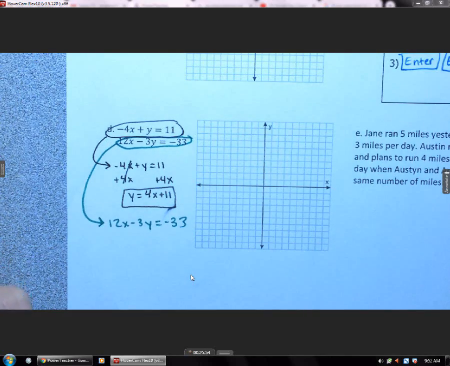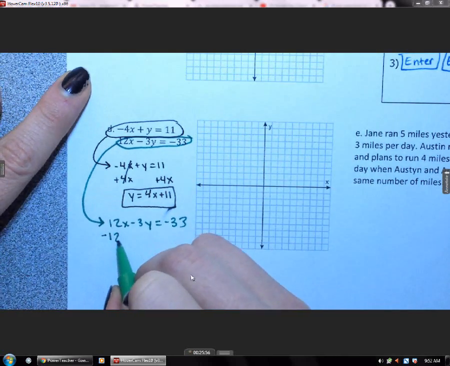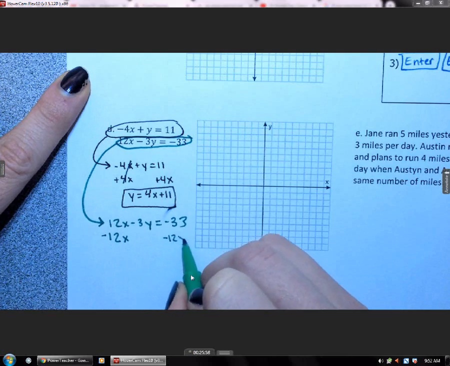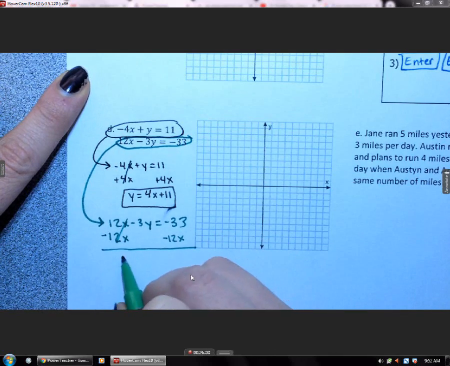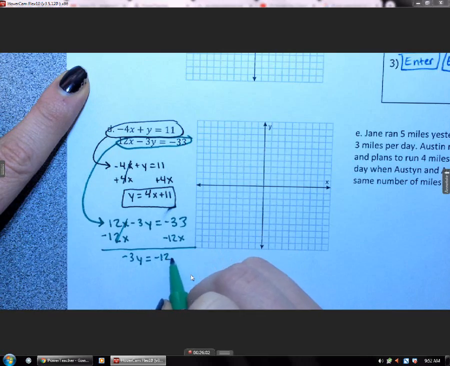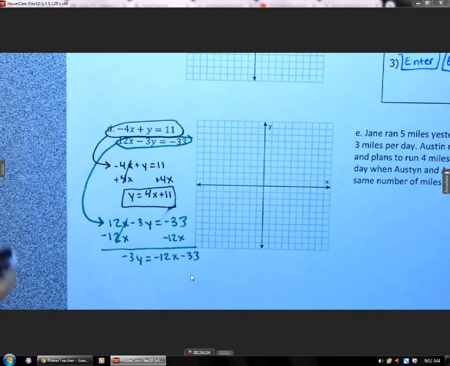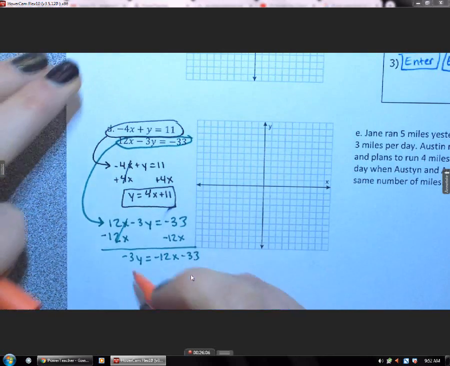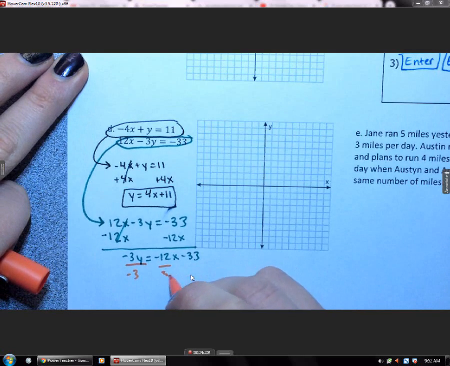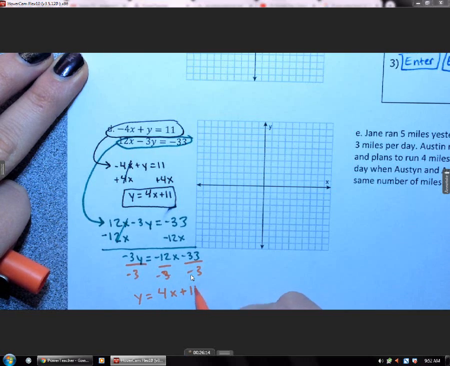How do you get y by itself? Minus 12x first, yep. And then we divide by negative 3. So y equals 4x plus 11.